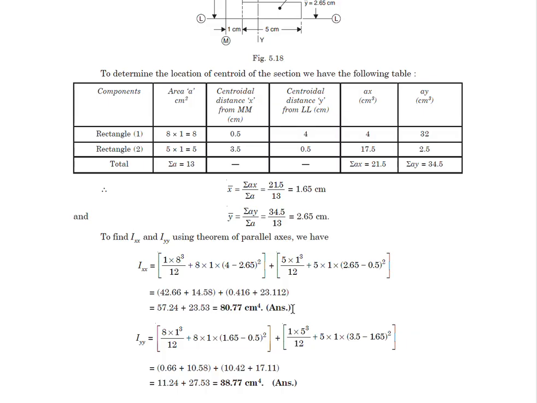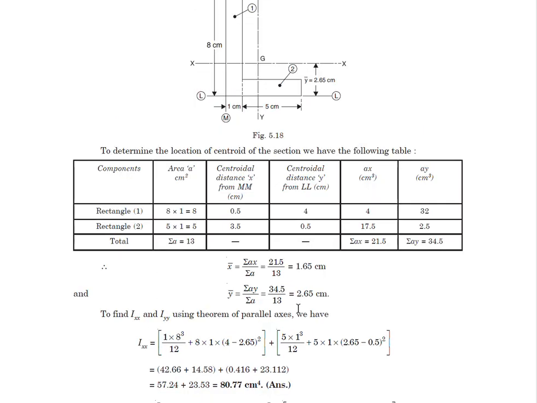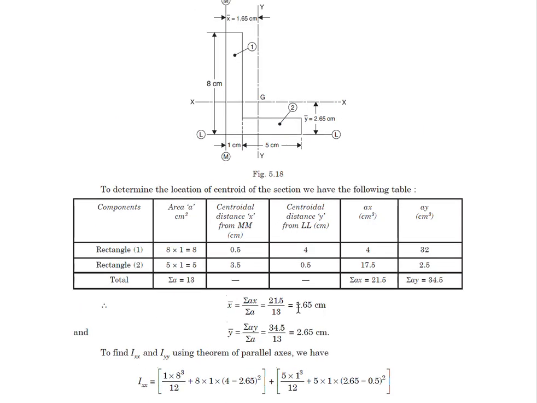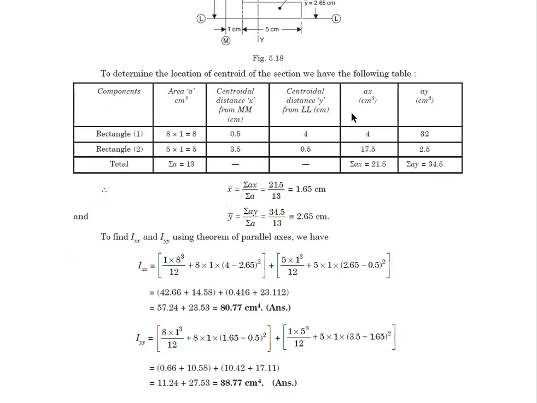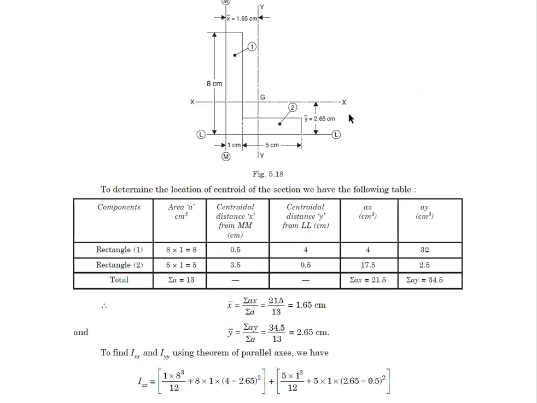This is the total moment of inertia of this L-shaped lamina about XX, which is passing through its CG. Similarly, you can find Iyy, the moment of inertia of this lamina about the line passing through its CG but a vertical line.